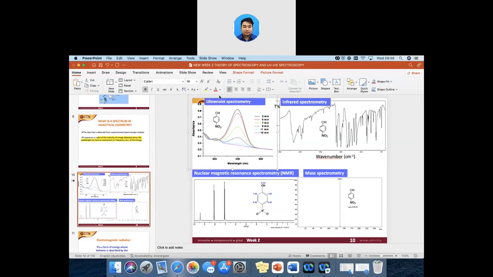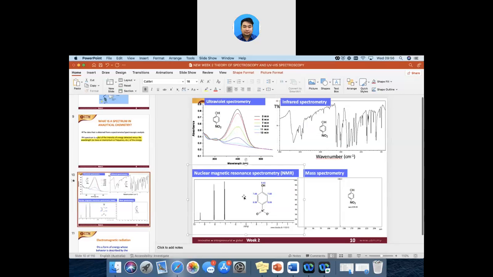So the first one, this is the spectrum for ultraviolet spectroscopy, the UV visible spectroscopy. This is the spectrum for infrared spectroscopy, but we are not going to cover infrared lah. We are going to cover UV visible, and nanti we will look at AAS, ICP.